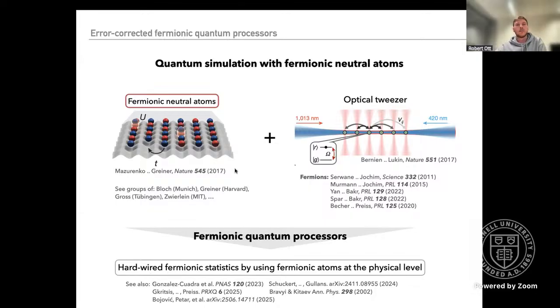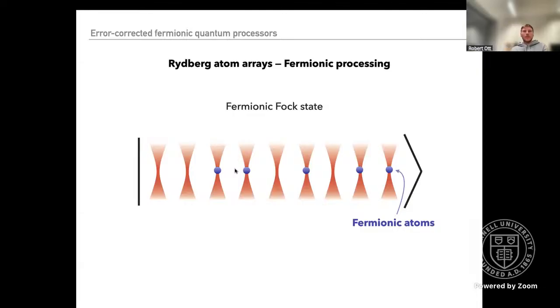And okay, so I guess you've heard about these Rydberg atom arrays, but basically the idea is something like this. You initiate your system and you load these atoms into these optical tweezers. And now we think about something like a register that you could imagine like in this picture. So you have a series of these modes, and these modes can either be empty. You could think of it as an information 0, or they're occupied as an information 1.